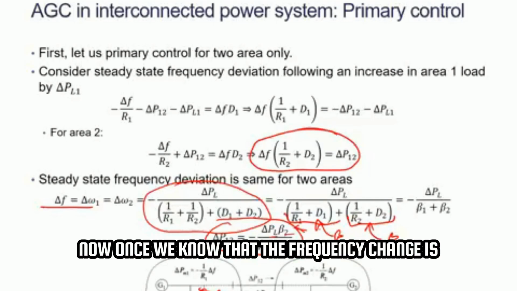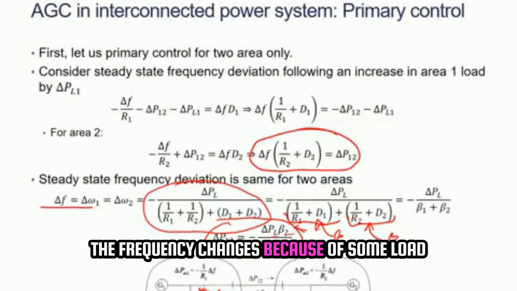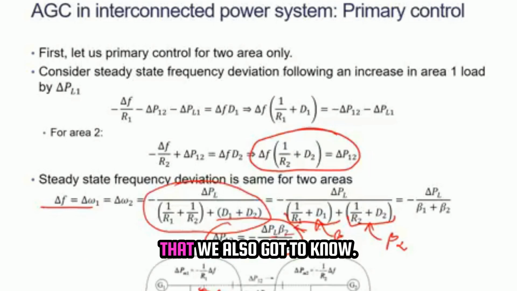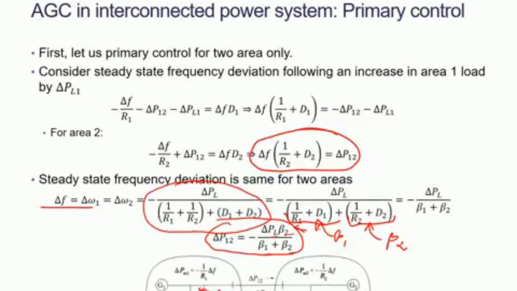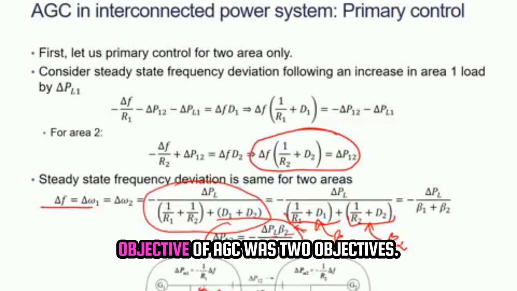Right? Now once we know that the frequency change is the same across the network, and we also know, if the frequency changes because of some load change, how this complete area will behave. Now the idea in AGC, as I told you before, is that there were two primary objectives.